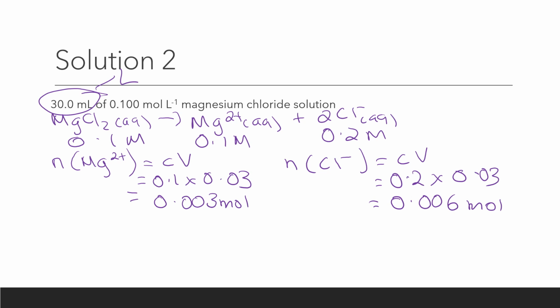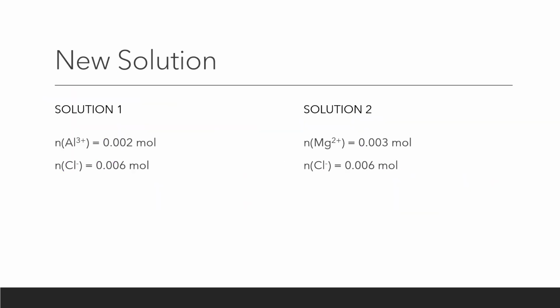Now we're going to look at doing the concentration of the new solution. So now we're going to find the concentration of each of the ions in the new solution. But first we need to know the volume.